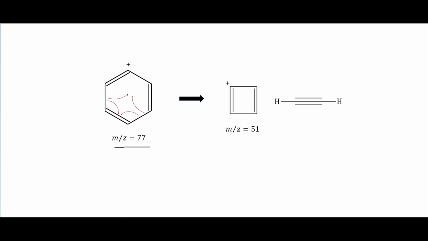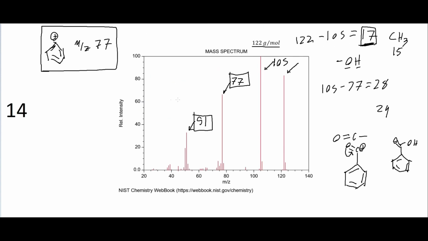And so we will actually be forming a new bond between those two carbons and another one here between those two carbons, and then we are actually breaking off at this bond and at this bond. And what we are forming is this right here plus this acetylene. And so this is our M over Z of 51 right here. And that is how we can account for that fragment right there.